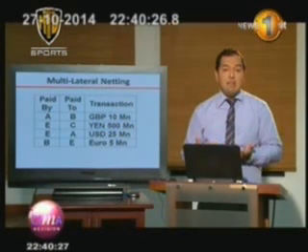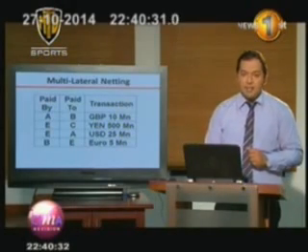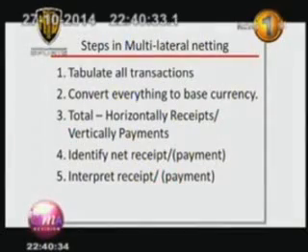How do you deal with a multilateral netting question? Well, the steps you need to adopt in your multilateral netting are: you first tabulate all transactions, then you convert all transactions to a base currency. This base currency will be given to you in your exam. You don't need to decide on your own. Read your question carefully.